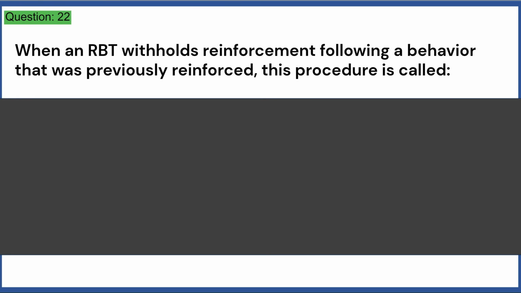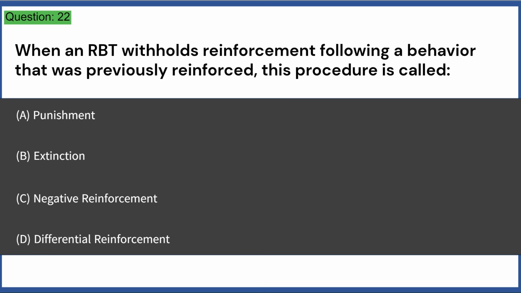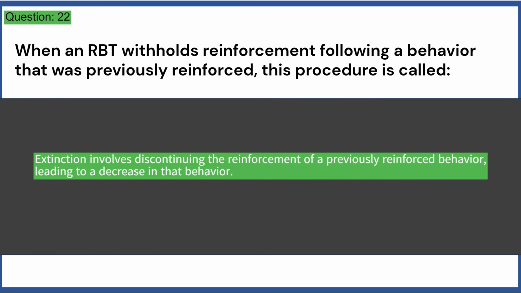When an RBT withholds reinforcement following a behavior that was previously reinforced, this procedure is called: A. Punishment, B. Extinction, C. Negative reinforcement, D. Differential reinforcement. Answer, B. Extinction involves discontinuing the reinforcement of a previously reinforced behavior, leading to a decrease in that behavior.